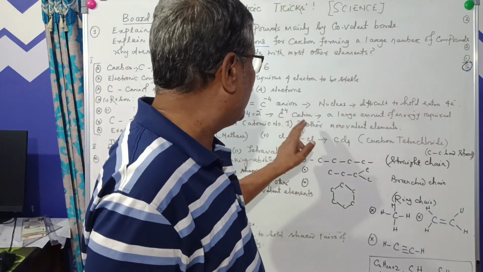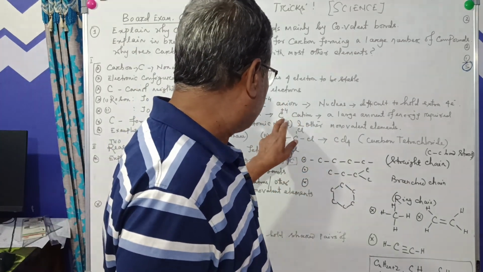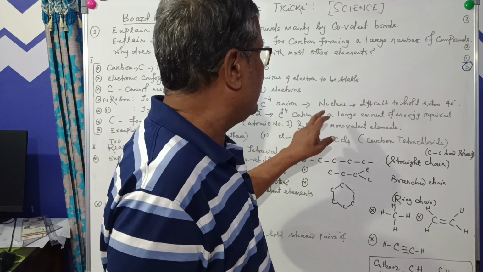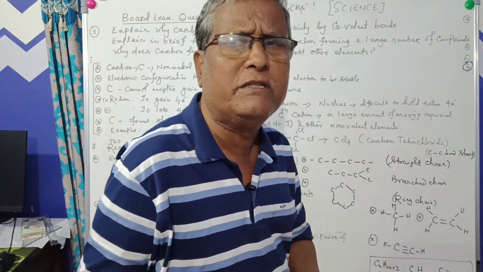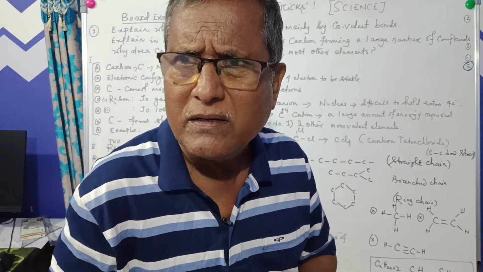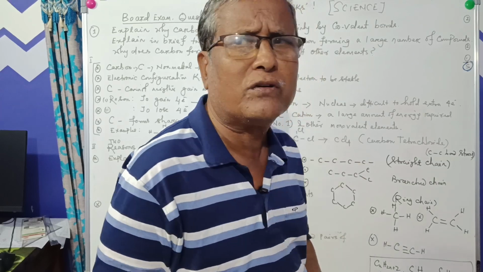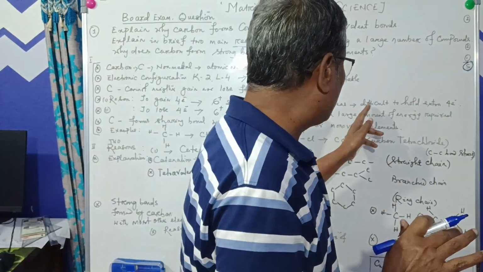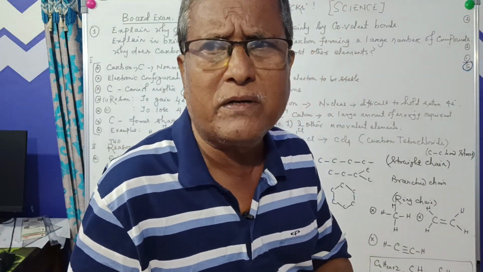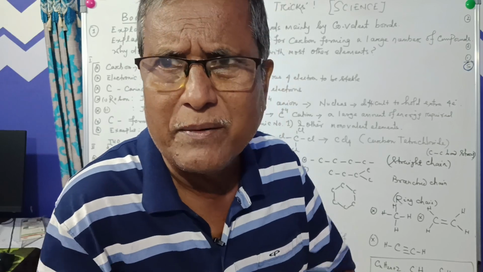That is a cation, a positive ion. The reason is that a large amount of energy is required to remove 4 electrons from its outer shell. So due to these two reasons, carbon cannot form an electrovalent bond.